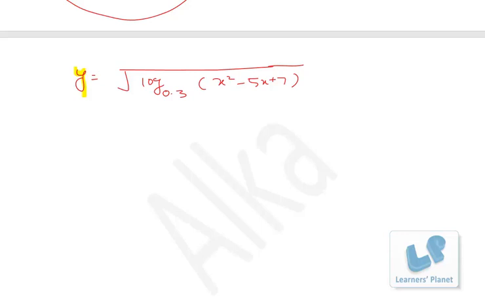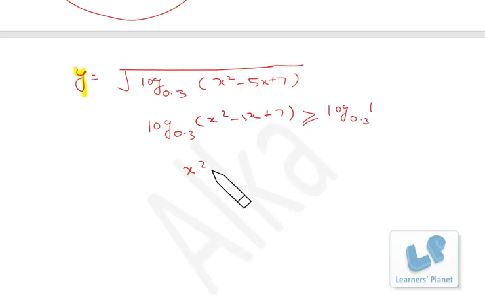Now again, in this question we have to find the integral values of x for which y is real, right? So the first step is that the entire expression under the square root should be greater than or equal to 0. So log base 0.3 of x square minus 5x plus 7 should be greater than or equal to 0. I'm writing 0 as log 1 to the base 0.3, right?